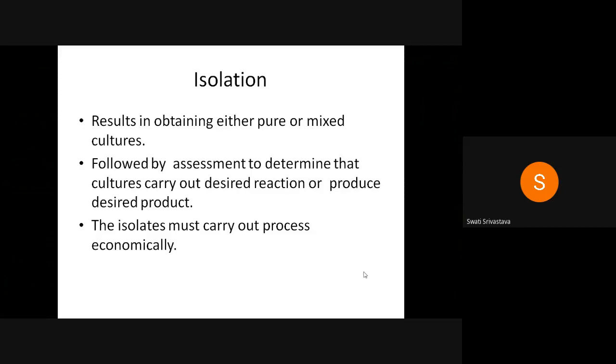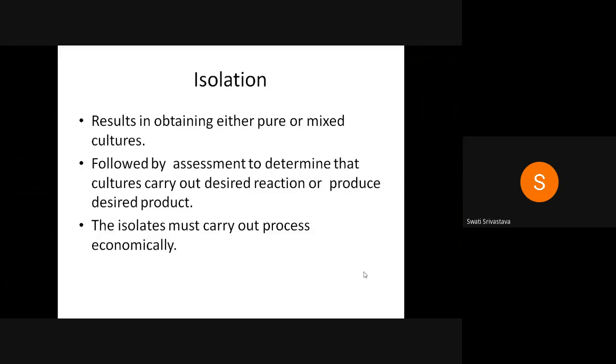That is, whatever inputs you are putting in for the process to continue, and whatever outputs you are getting, if you take the difference, then there should be some profit for the person who is using these techniques. If there is no profit, that means doing all this process is a waste.